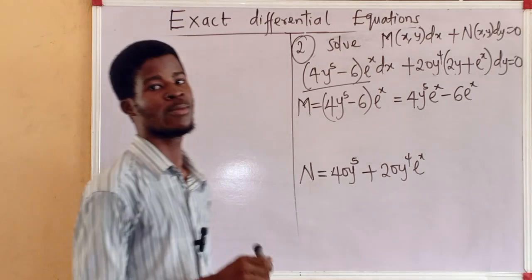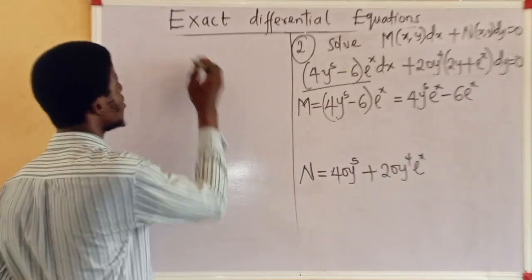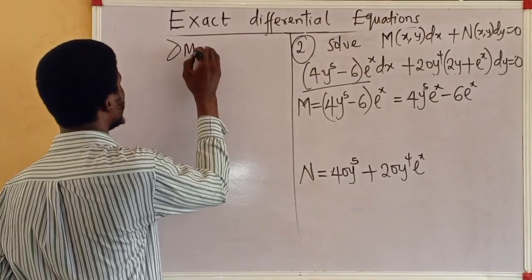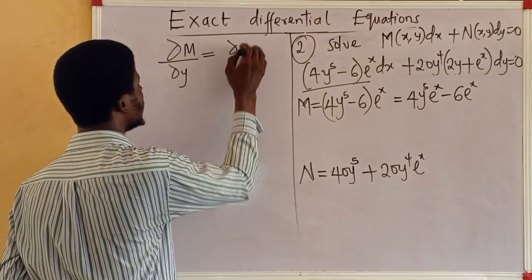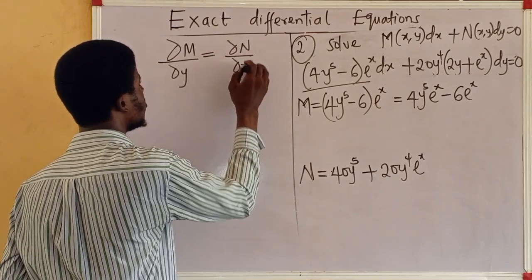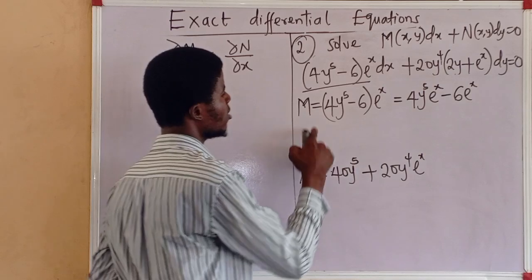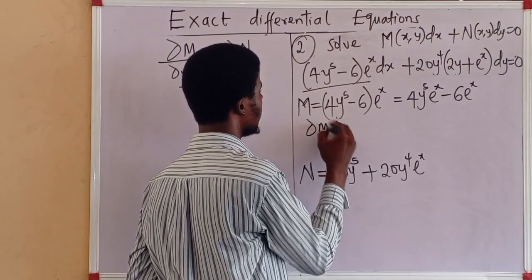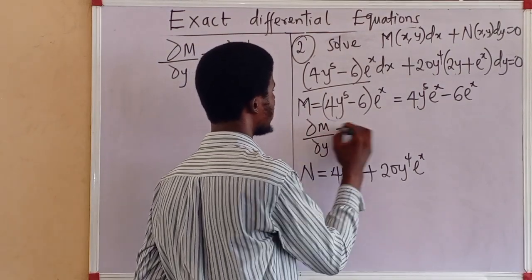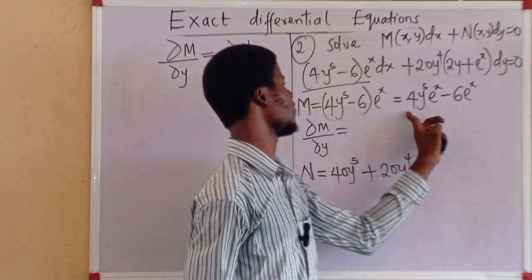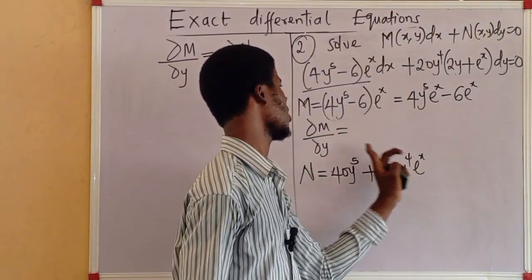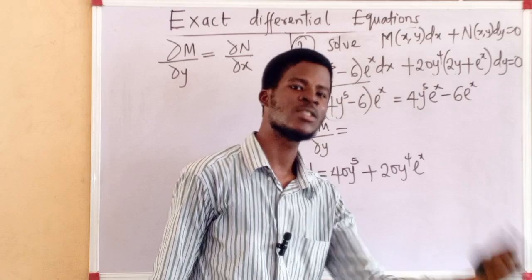Going by that condition for exactness that says the partial derivative of M with respect to y is equal to the partial derivative of N with respect to what? X. So let us determine the partial derivative of M here with respect to y. That means we will differentiate this function with respect to y, keeping the function of x as constant.